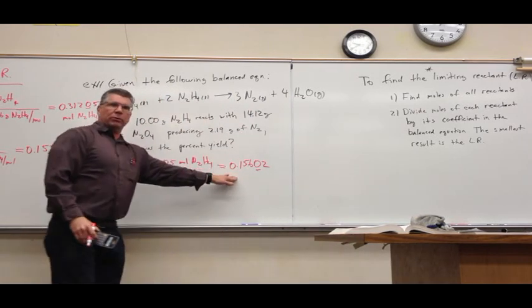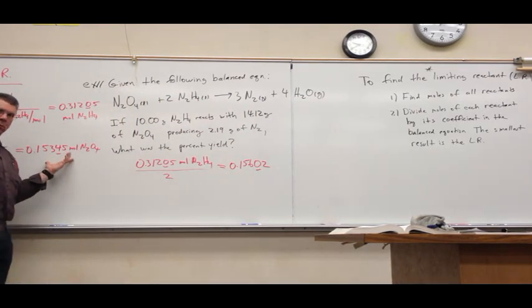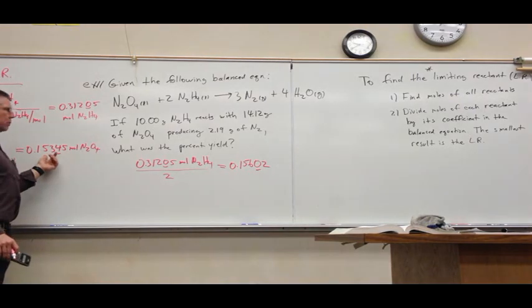So we're comparing this number and this number divided by 1, which is this number. Of the two, this is smaller, a little bit, but smaller. So that's the limiting reactant.